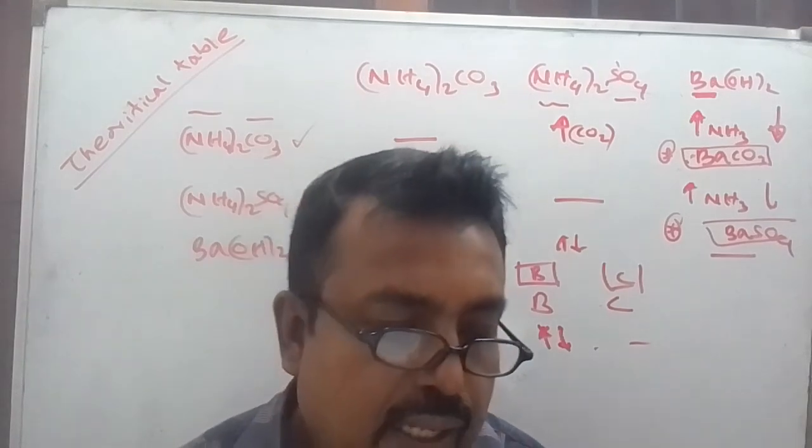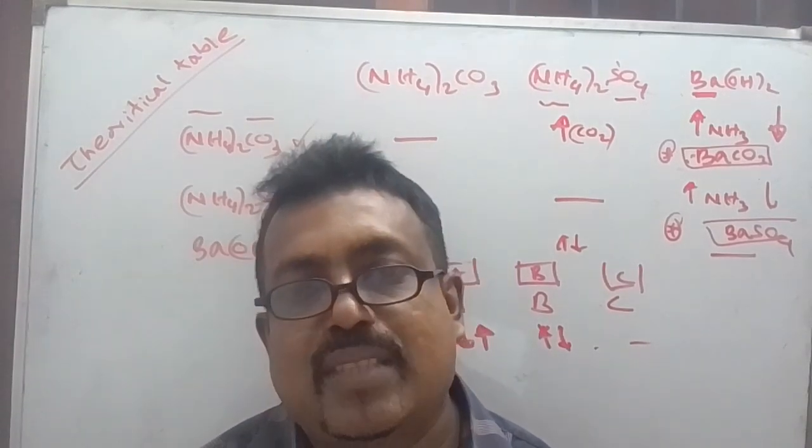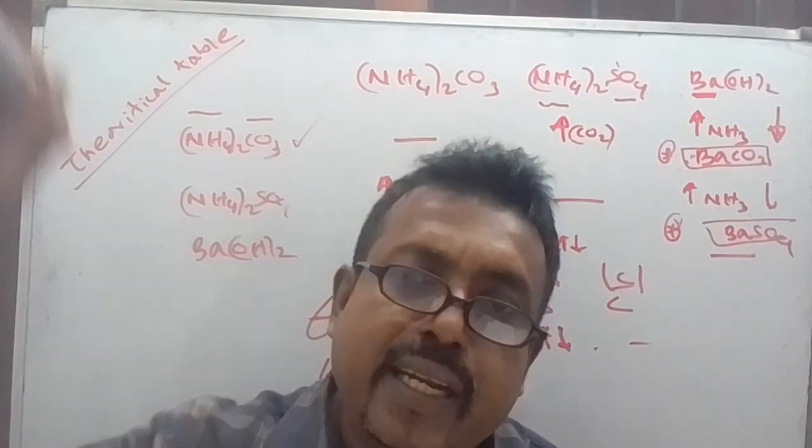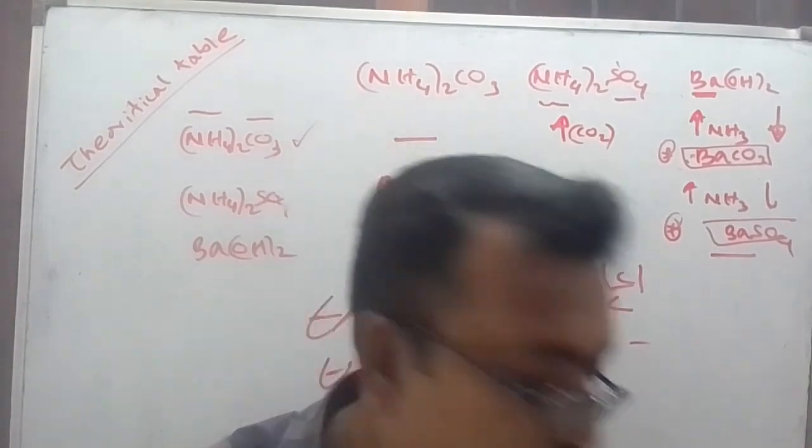3. Heat at high temperature. Ammonium dichromate. When ammonium dichromate is heated to high temperature, what are the products?